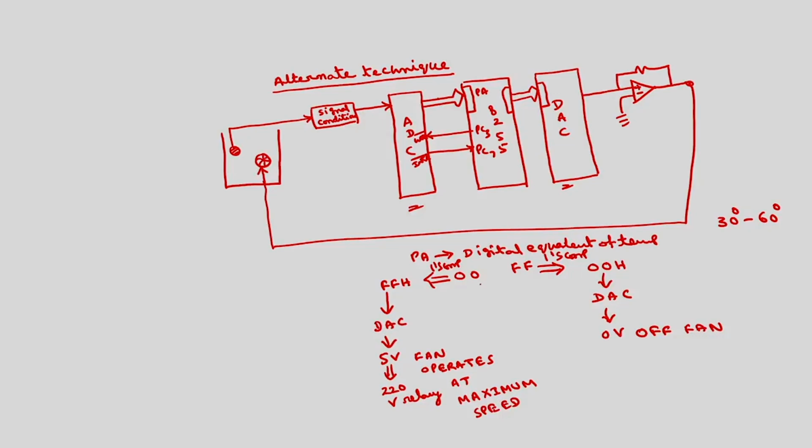Because the temperature is less, this is 00, or otherwise we can have the reverse. The fan has to be operated, so there is no need of this complement also. Otherwise, if this is a heater, instead of fan you can use the heater.